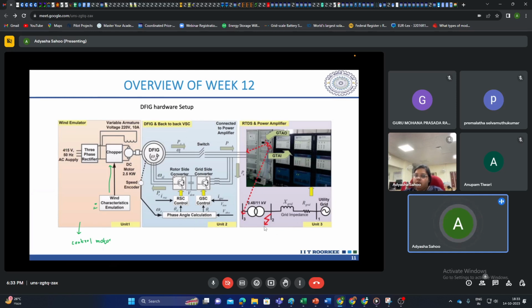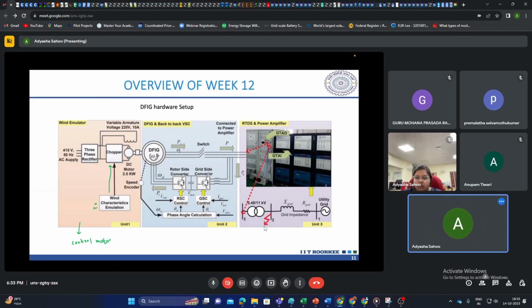If there is excess wind energy, that is, P stator is in excess, then the DFIG will consume the excess to maintain the constant power. Or if the wind speed is low, so that P stator is less than required, then the DFIG will feed in the extra power so that you get a constant P grid here. That operation is achieved by these two converters which are connected here.